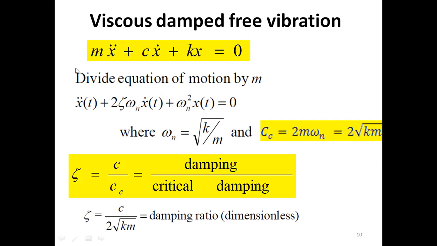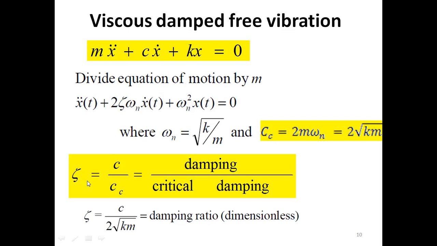So here, once we divide the whole equation by m, we would have C by m. If I bring this quantity here, then we would have C is equal to zeta Cc.